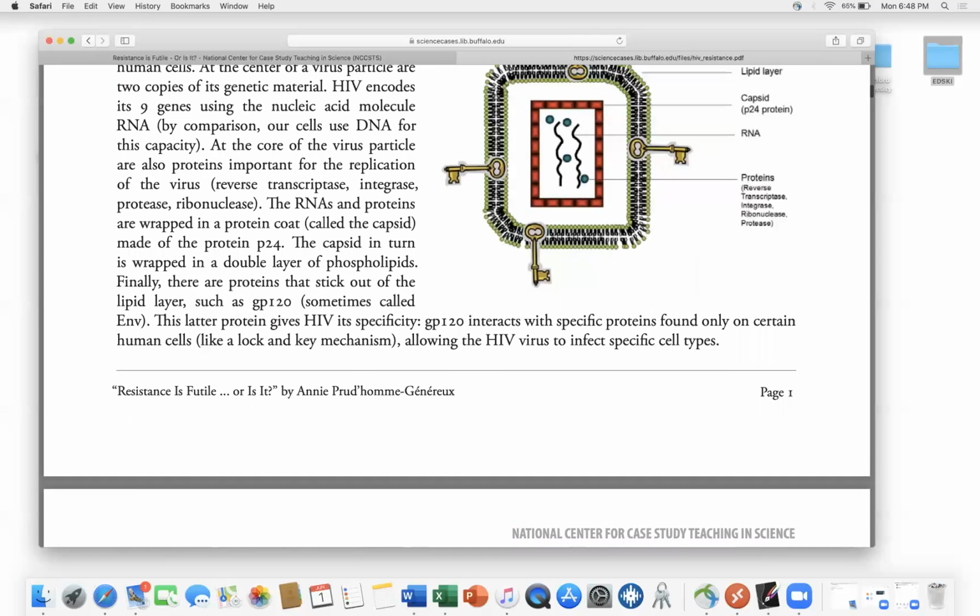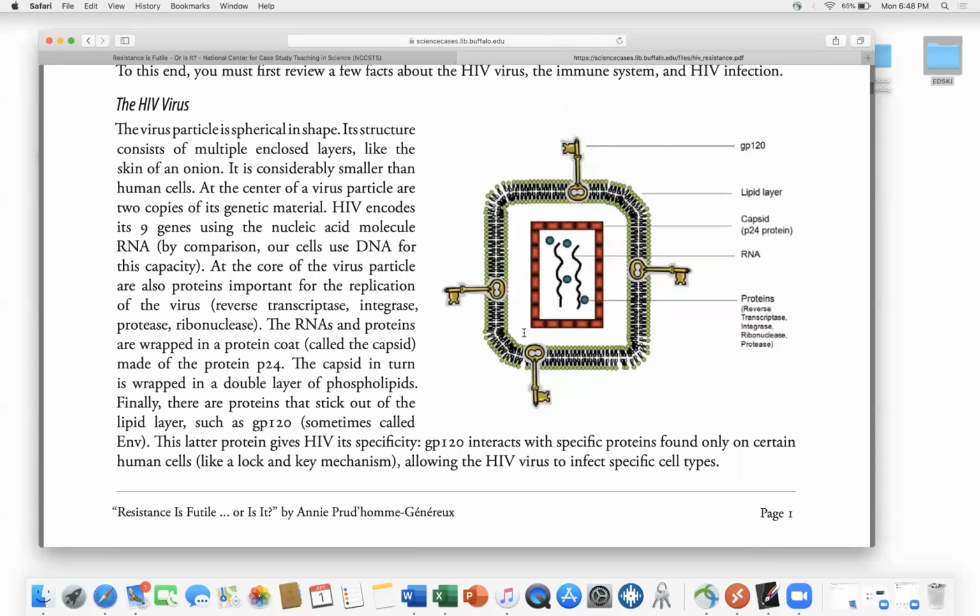You can see how the glycoprotein coat, GP120, which is 120 monomers long, or little Lego pieces long, was made like a key.